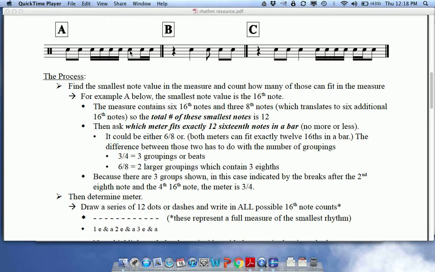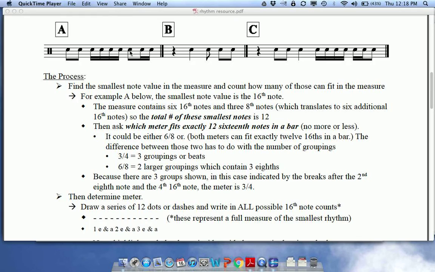So we have a total of 12 16th notes in this measure worth of space. We're not seeing 12, but we could fit 12 16th notes in this measure. Now, go in your mind and think about, well, what meters can fit 12 16th notes? This is just a basic little division.